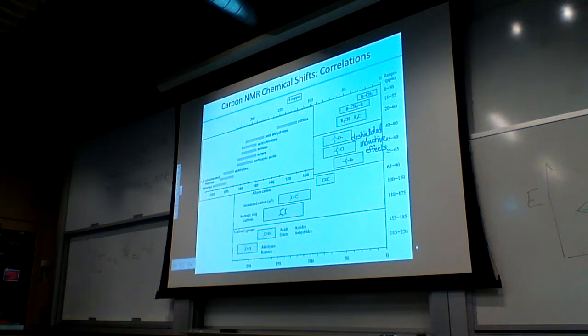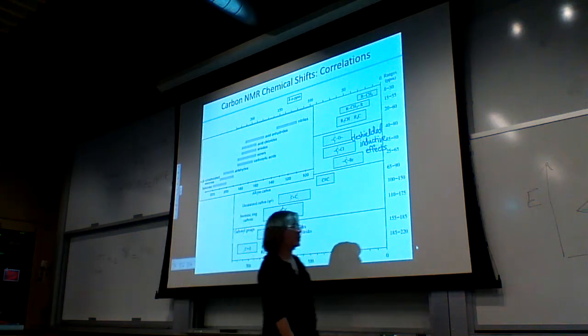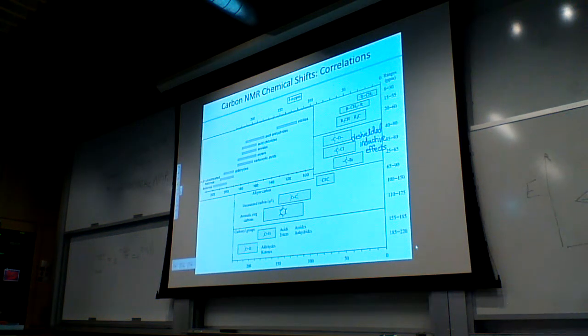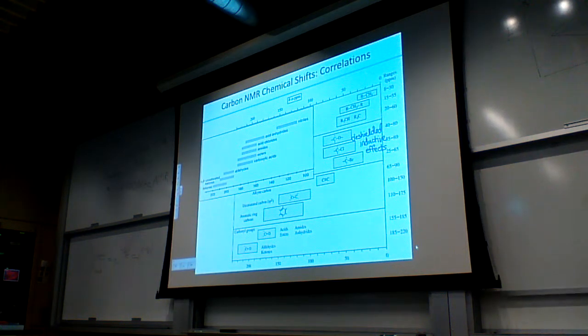So you have an electronegative chlorine that's going to pull electron density away from the carbon and move it downfield. The one difference between carbon and proton is that the atom that we're looking at, say the bromine, is directly attached to the carbon.